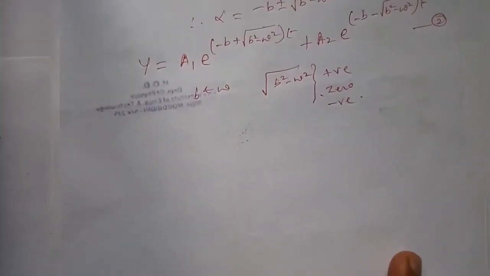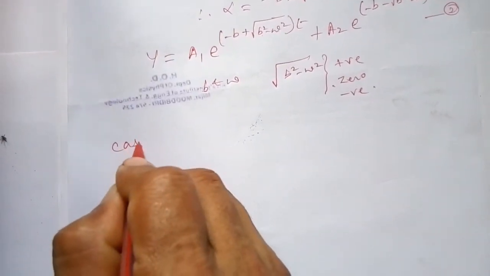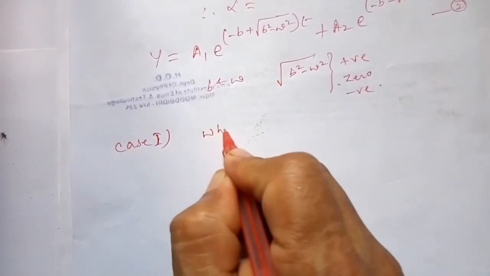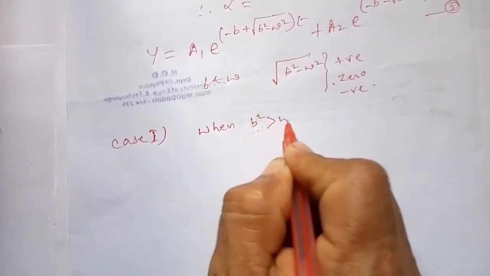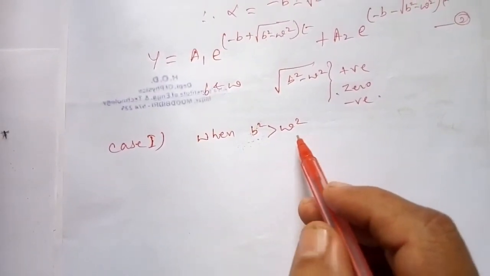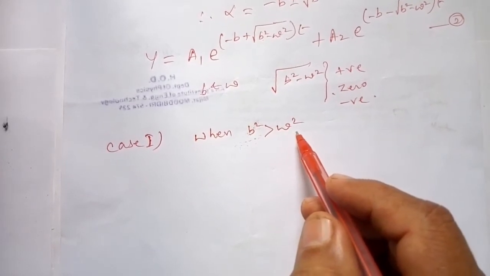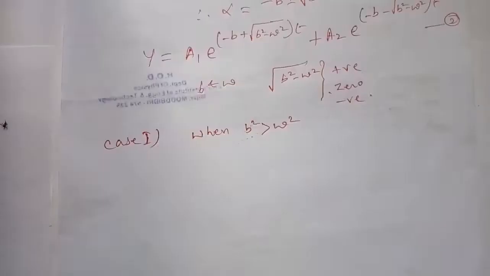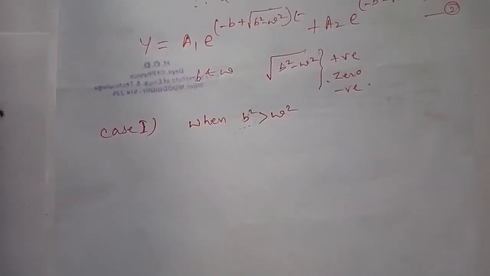Now let us see the different cases. First let us consider case 1, that is when b² is greater than ω², that is, the damping force is greater; ω is related to the angular or natural frequency.